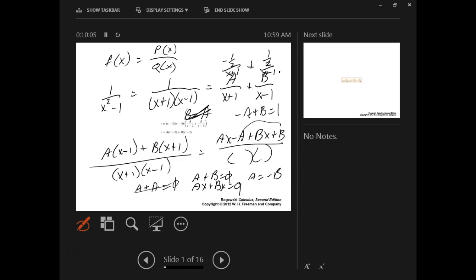Yeah. Now, trying to find where they got this. Okay, I don't see it. So let me erase some of this stuff. How are we doing on time?